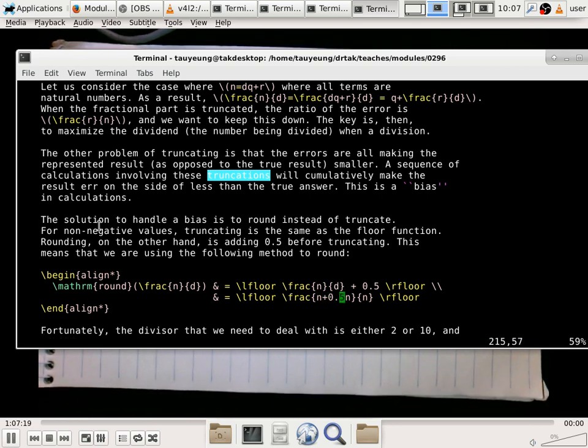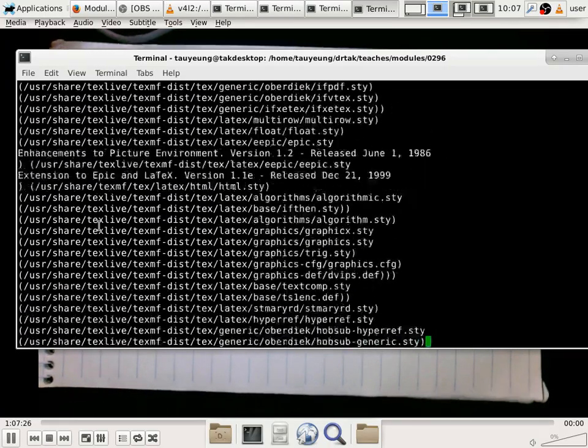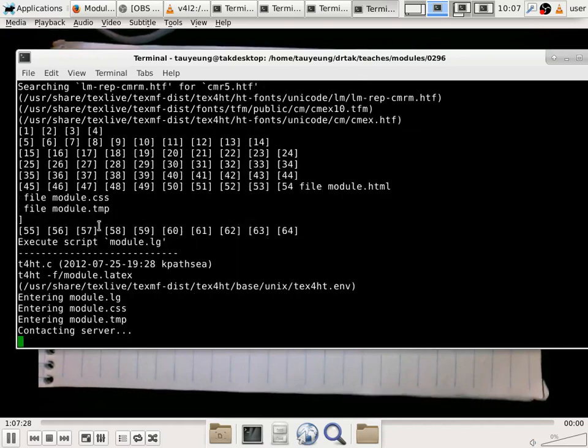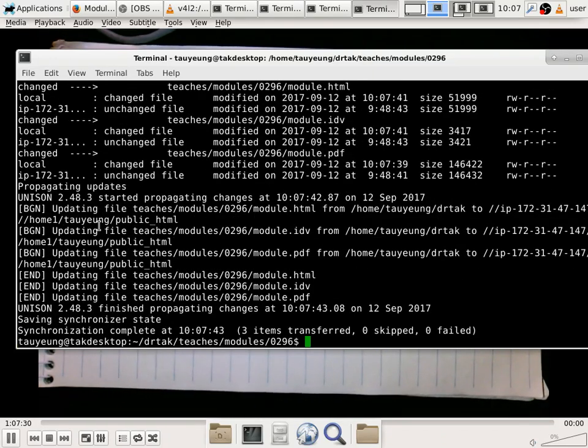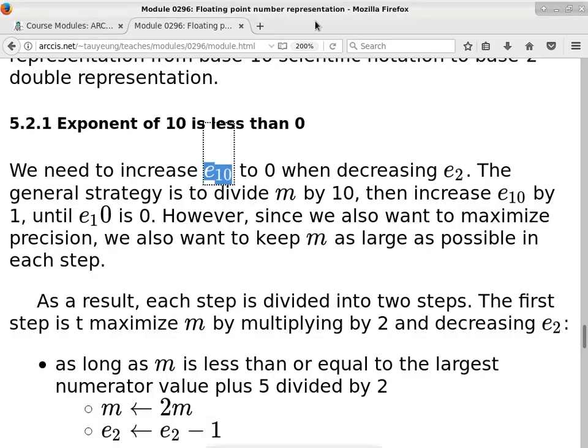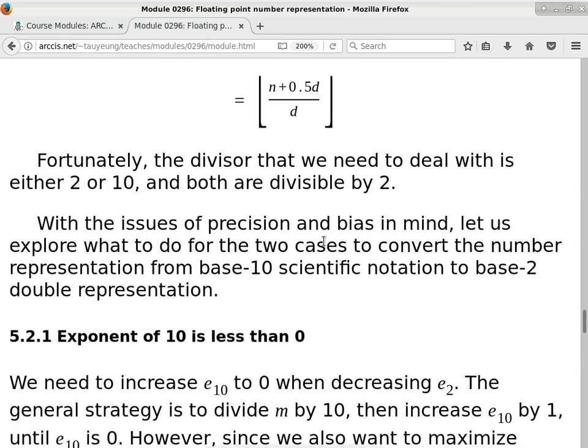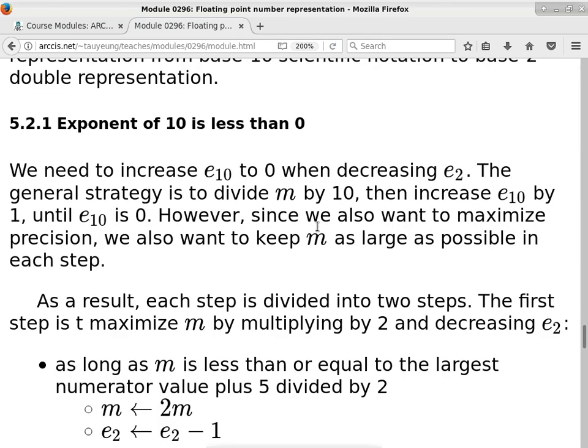Okay, and D. There we go. So I got that fixed too. Okay, let's refresh. Yep, so got all that fixed.